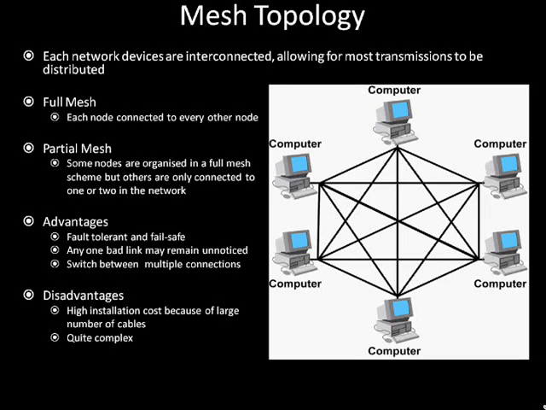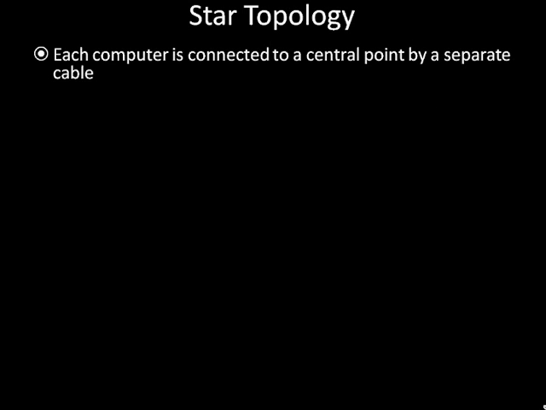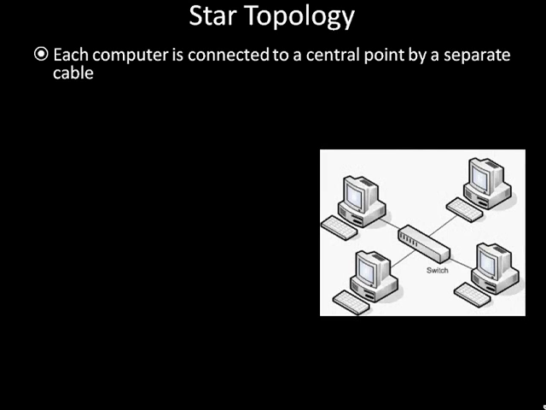Star topology. Each computer in a star topology is connected to a central point by a separate cable. The central point is a device known as a hub. Although the setup uses more cable than a bus, a star topology is much more fault tolerant than a bus topology.